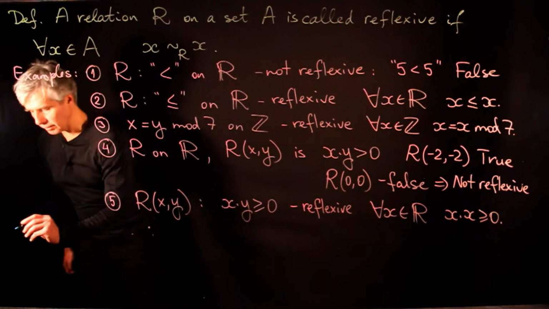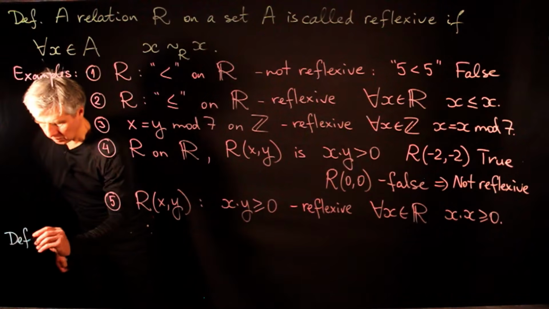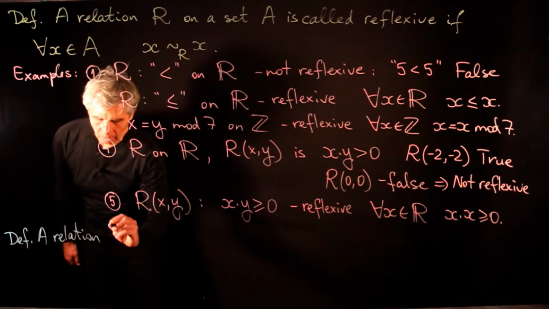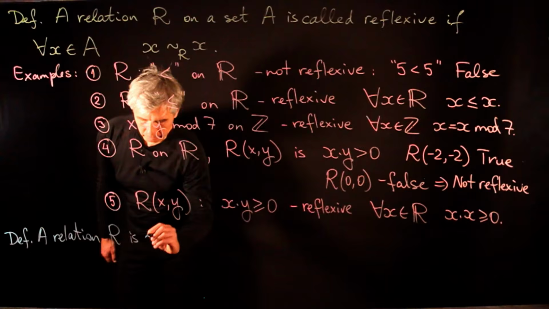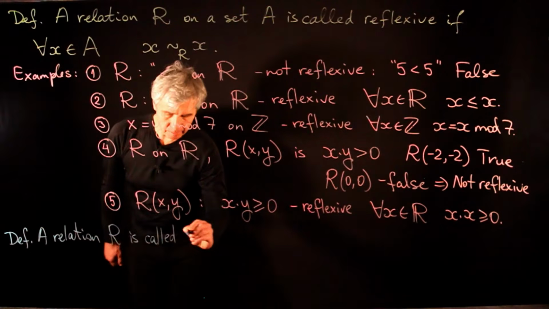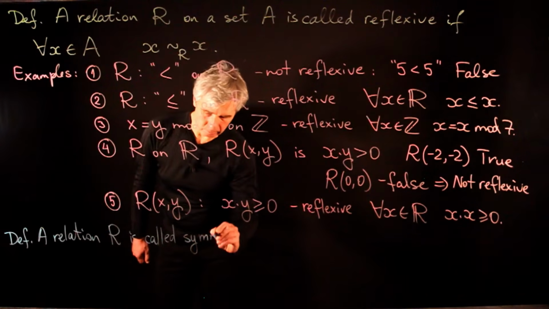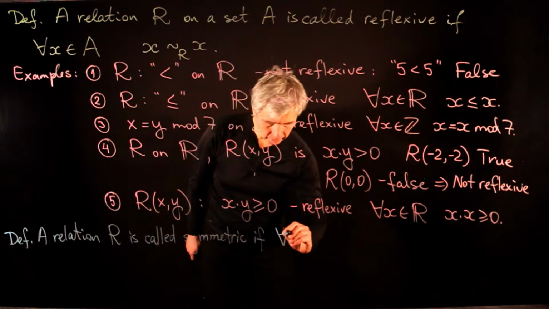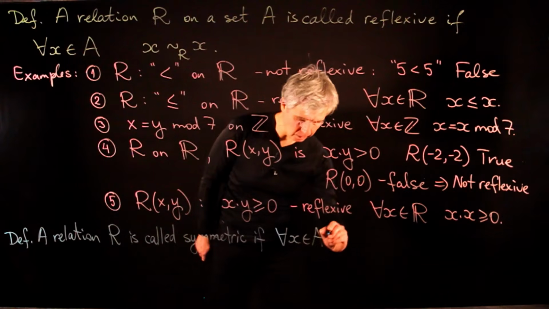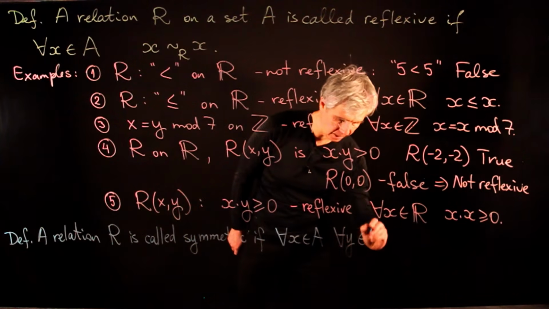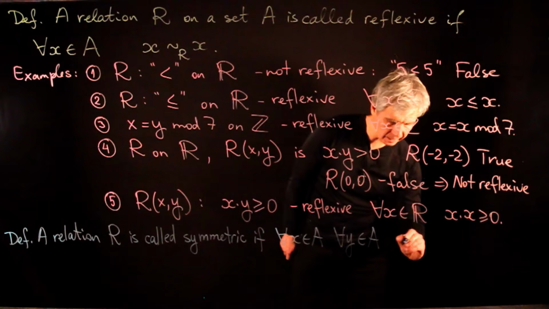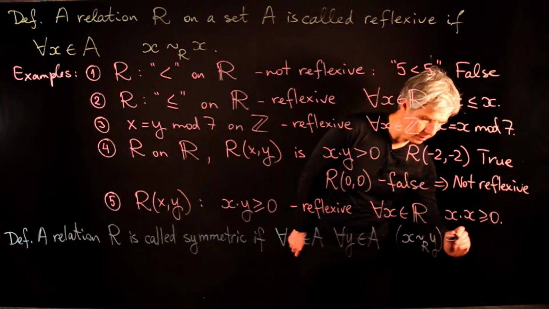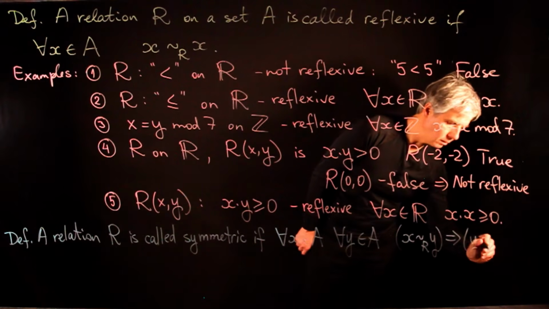Let us give two more definitions. A relation R is called symmetric if for all x in A and for all y in A, if x is related to y, then this implies that y is related to x.